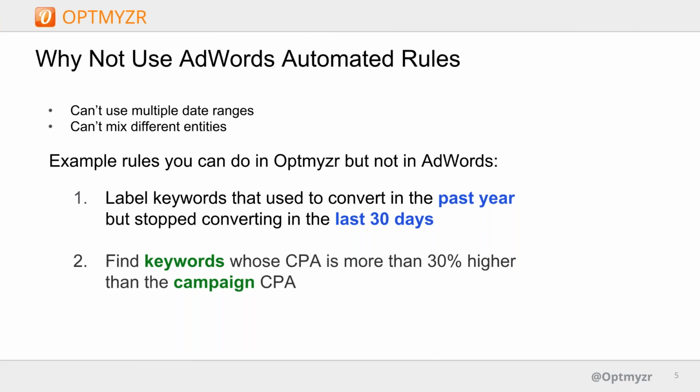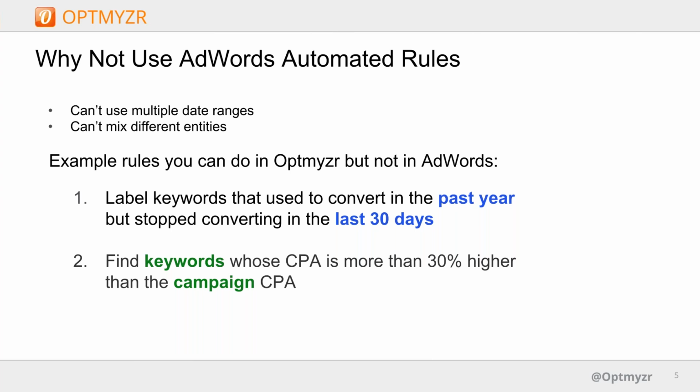Now, what I believe is that oftentimes campaigns tend to have keywords about the same thing. So most people have a brand campaign and some non-brand campaigns. So what we could now do is we could look at what is the cost per acquisition of the campaign historically, right? So what has it been performing at? And now let's go and find outlier keywords that are not within the realm of what we would consider normal for that campaign.